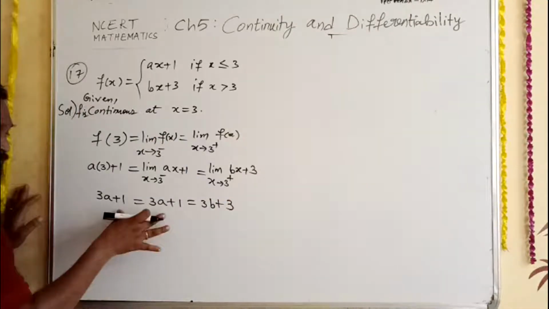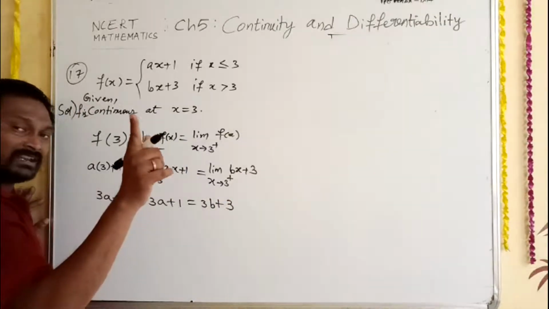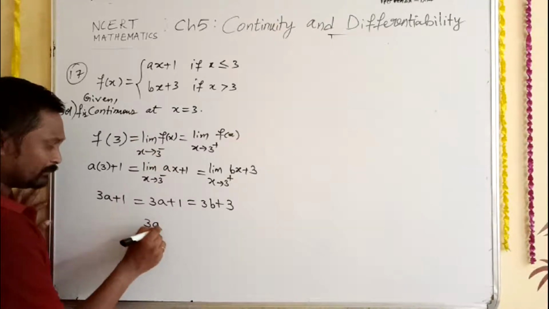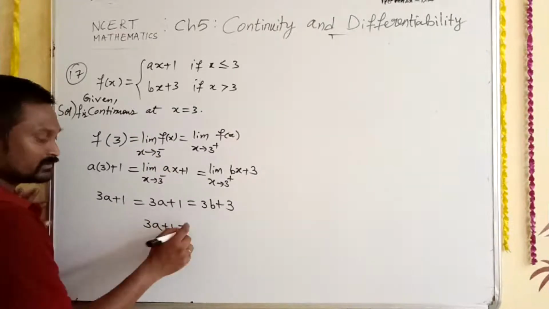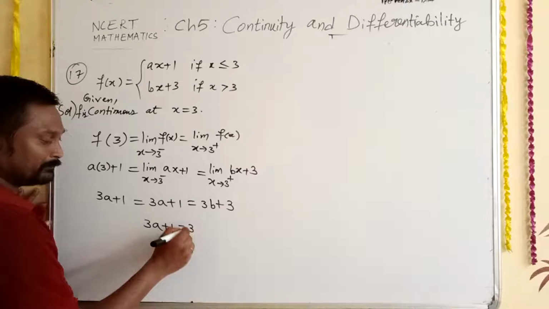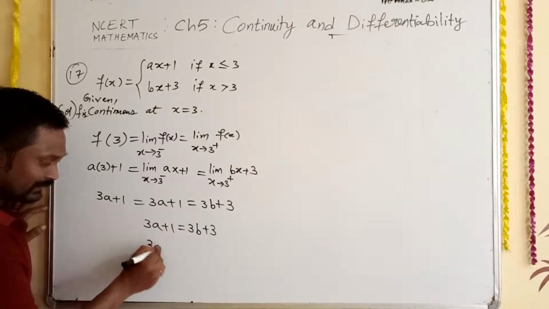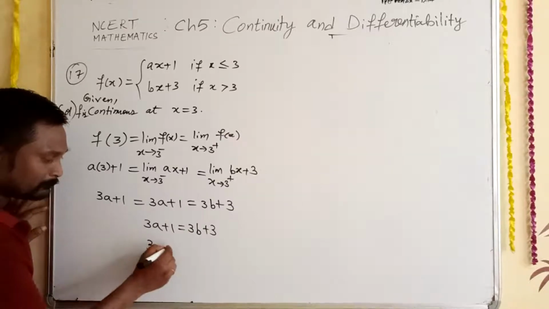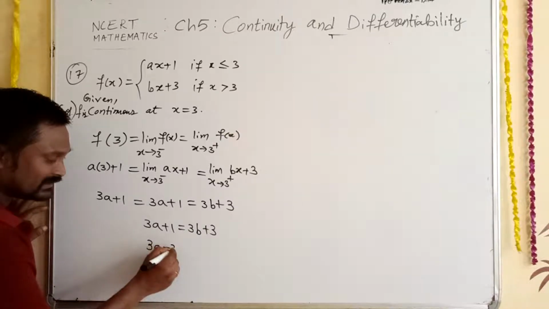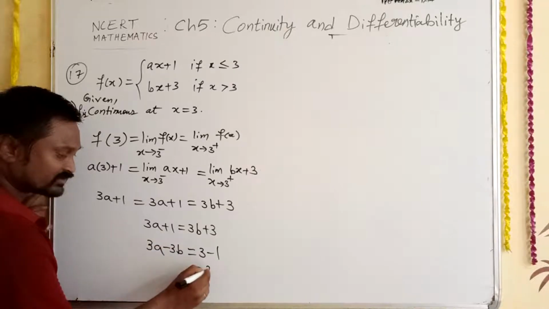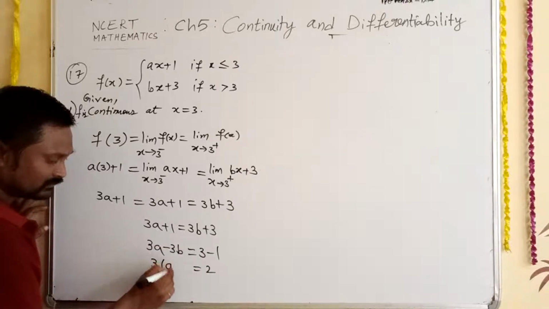Now check, these are the same only, so that is 3a plus 1 is equal to 3b plus 3. Now 3b comes to the left side as minus 3b, and 1 goes to the right side as minus 1. So you get 3a minus 3b is equal to 3 minus 1, that is 2, and taking 3 common, 3 into a minus b.